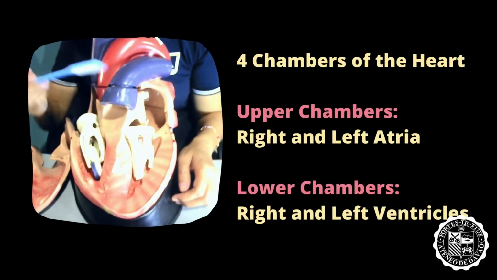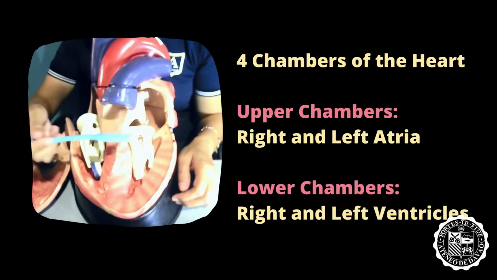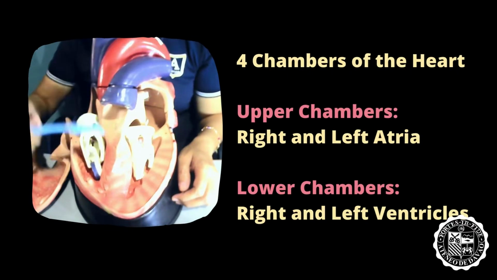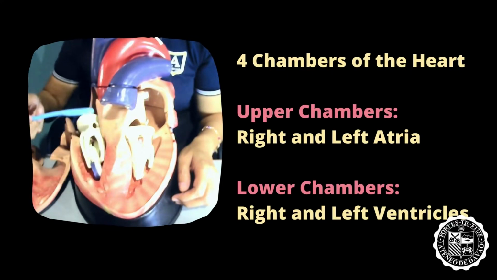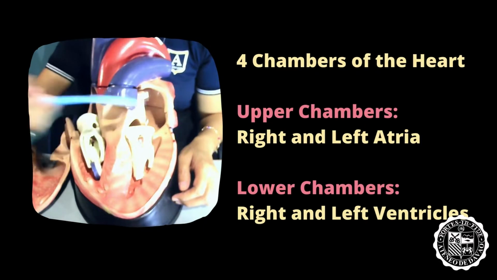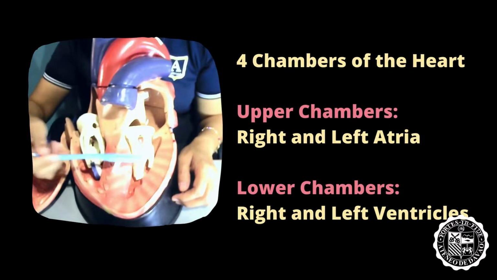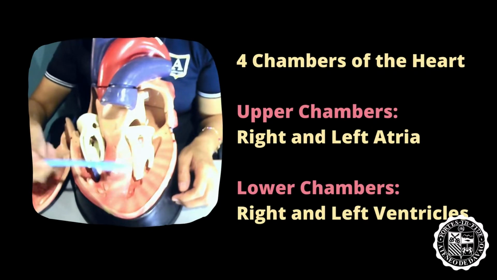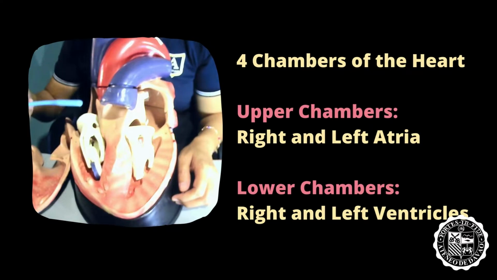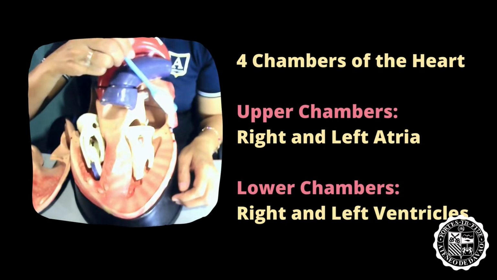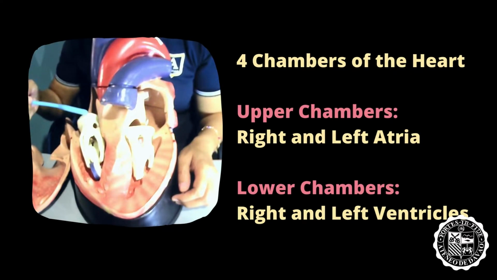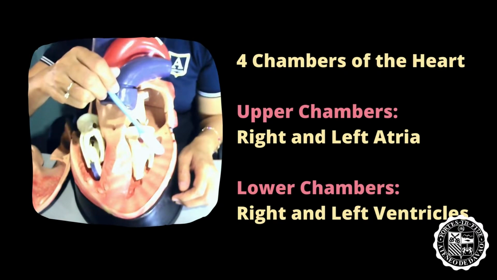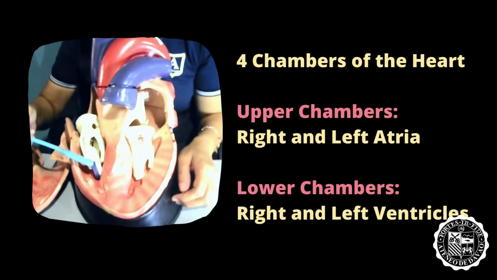We have 4 chambers of the heart: the upper part and the lower part. 2 atria in the upper part, or the upper chambers, and 2 ventricles in the lower chambers. In the upper chambers, you have the left atrium and the right atrium. In the lower chambers, you have the left ventricle and the right ventricle.